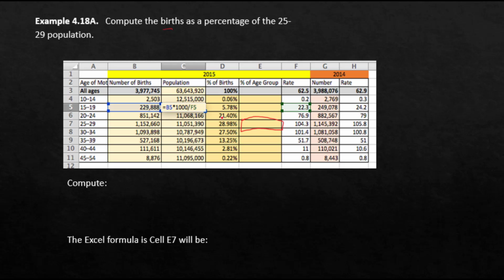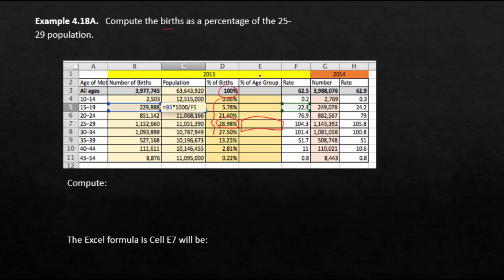In other words, this 28.98 percent means that 28.98 births out of every 100 births came from this age group. So all these numbers, when I add them up, have to add up to 100%. Because this part came from this age group, this percentage came from this age group, etc.